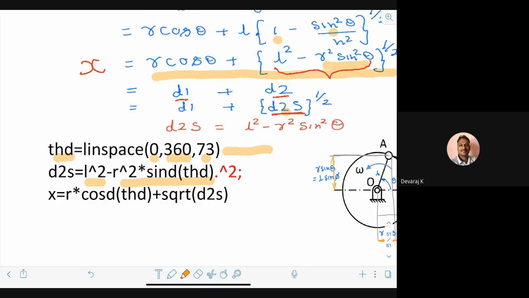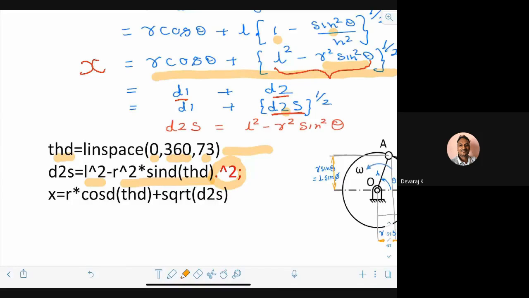But a more important thing is, when you calculate for every 5 degrees, at 0 degrees you calculate d2s, then again at 5 degrees you calculate d2s, at 10 degrees you calculate it. That means it is element by element. Therefore, it is very important to use the dot operator, dot to the power of square.